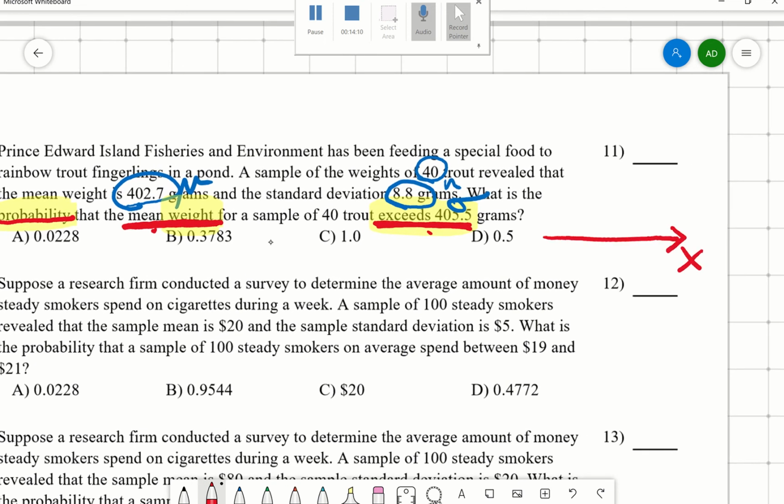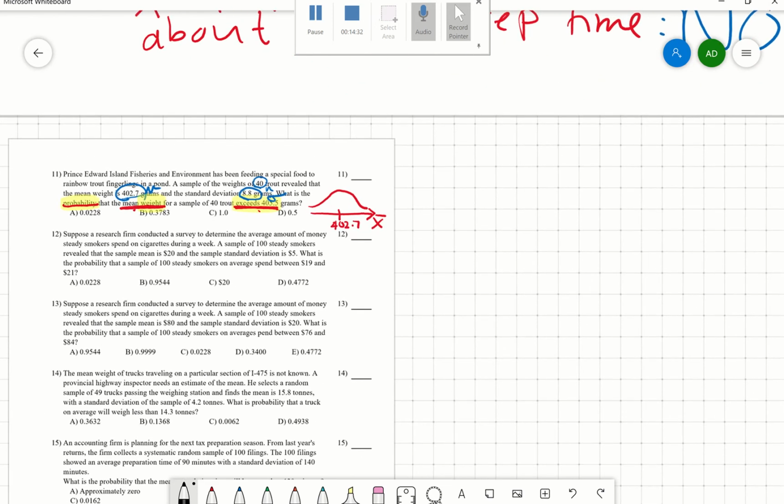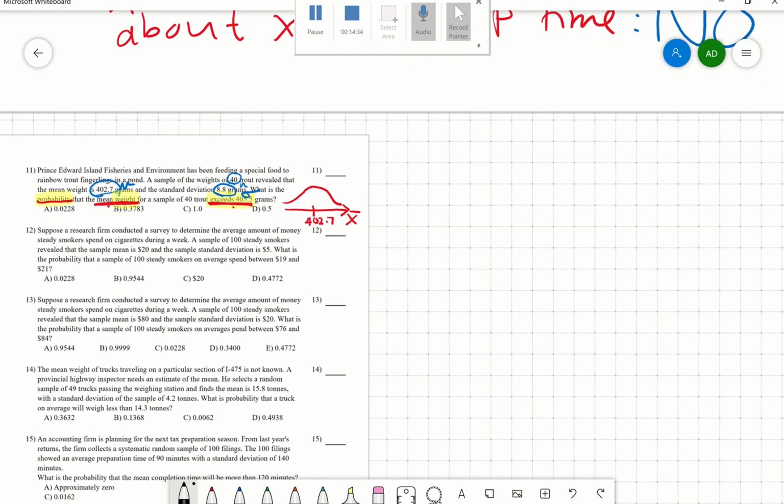So this is X bar now we are dealing with. So X bar, here's the mean, 402.7, and then we have a value somewhere here. So with this information, I'm going back to the sheet so I can draw a larger picture up here.